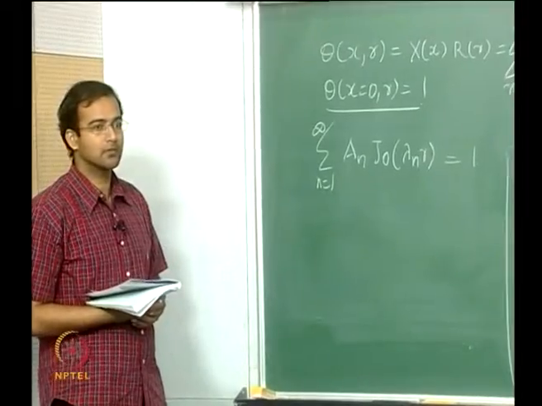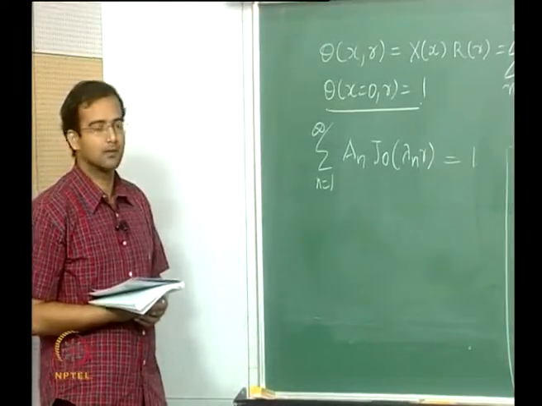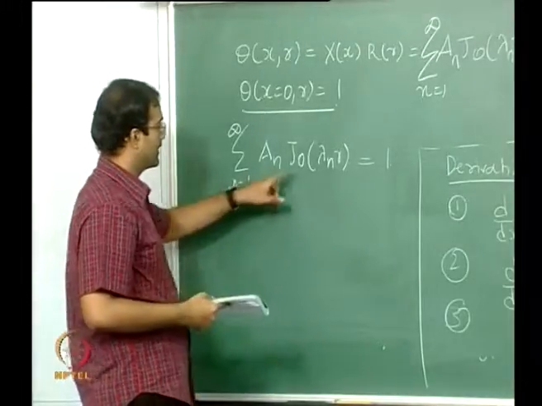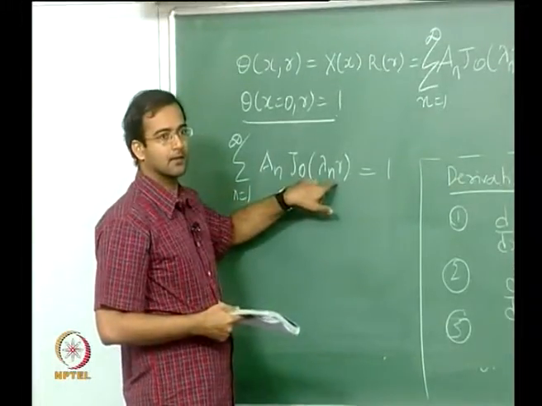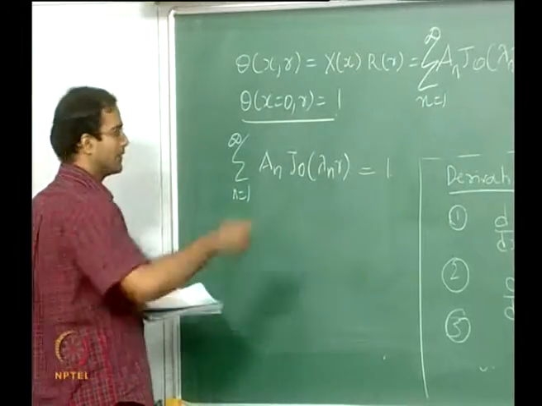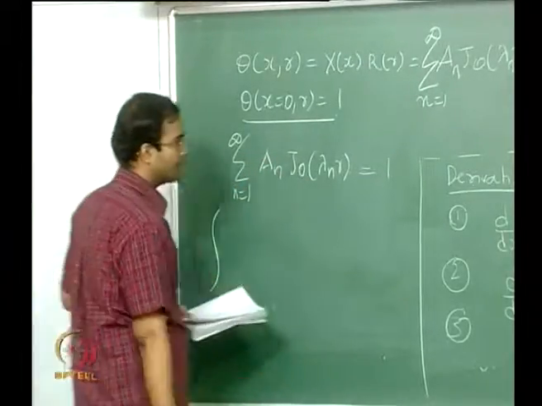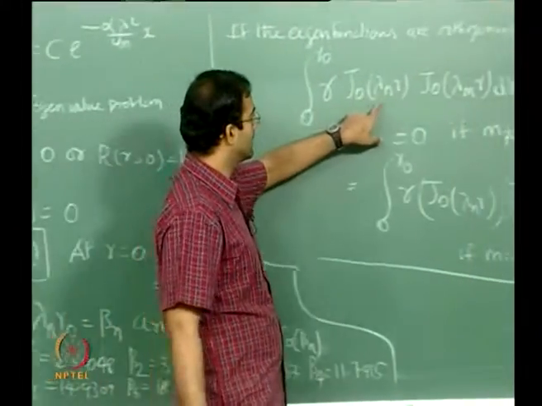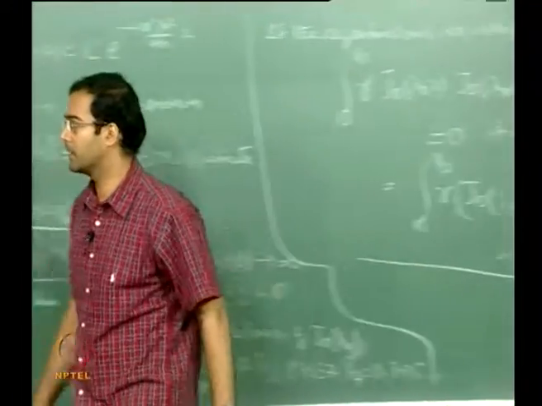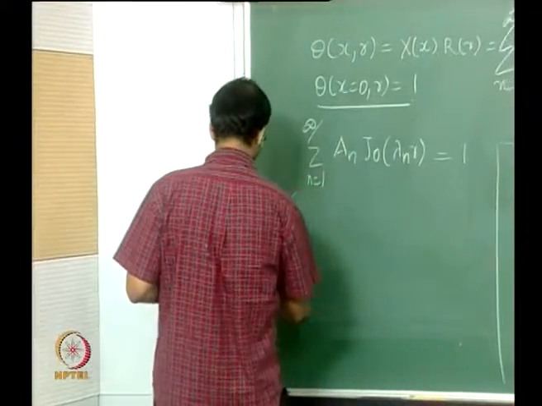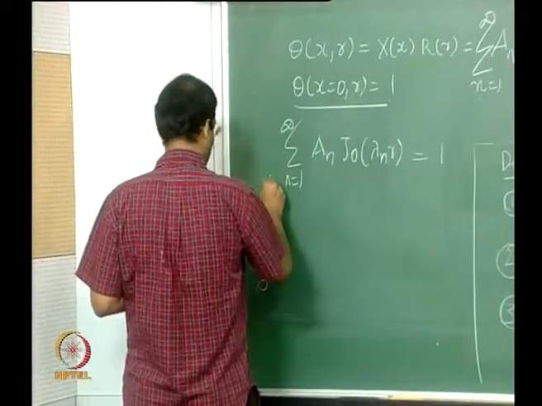So now we make use of the orthogonality principle, okay. So what we will do is we will multiply both sides with J naught lambda m r, where m is different from n, okay, and integrate them. So for the orthogonality condition in this case of Bessel function, you should be having r into J naught lambda m r. So we will multiply both sides with that. So we have 0 to r naught.